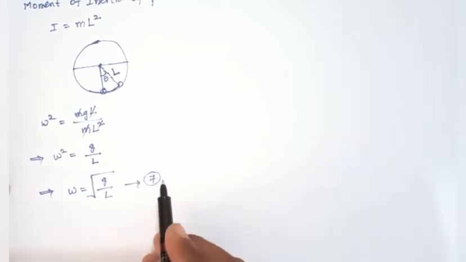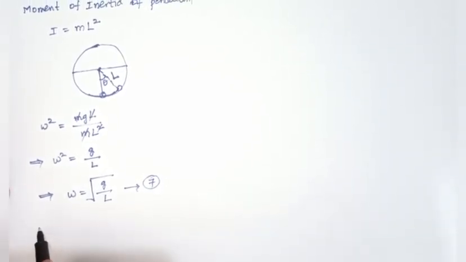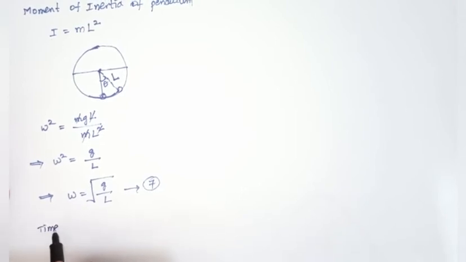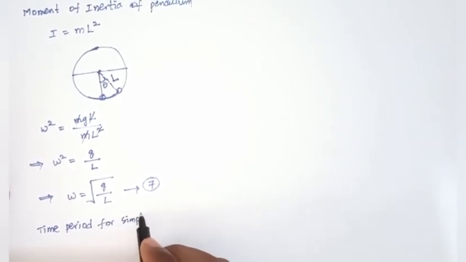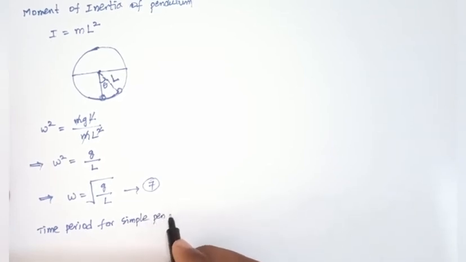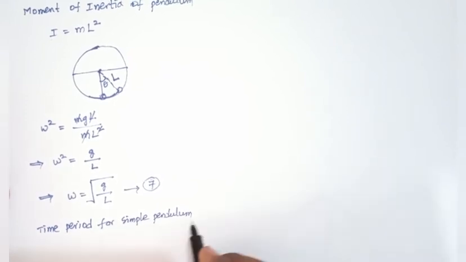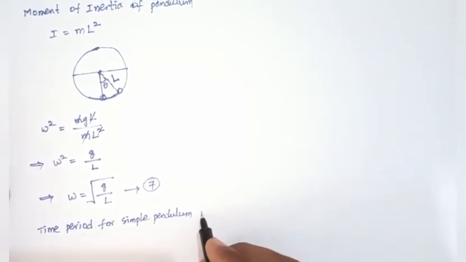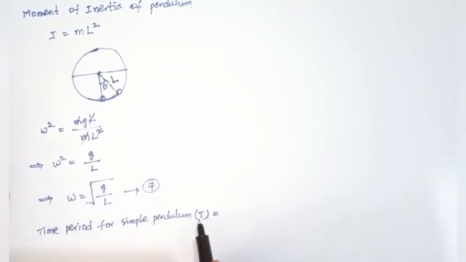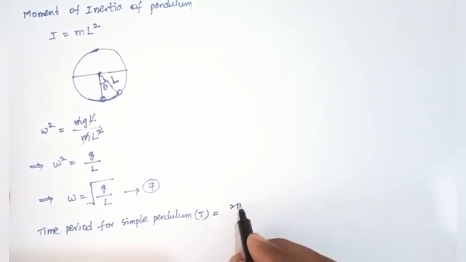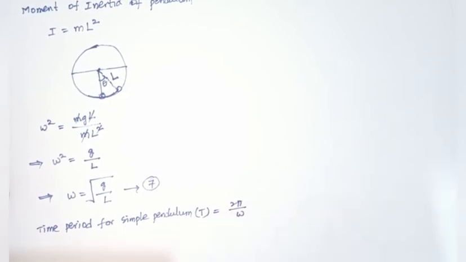Then we can take the time period for the simple pendulum. What is the relation between the angular frequency and time period? T equals 2 pi by omega.